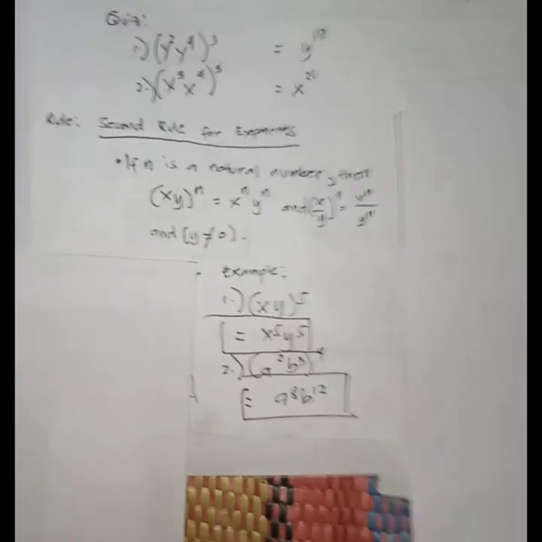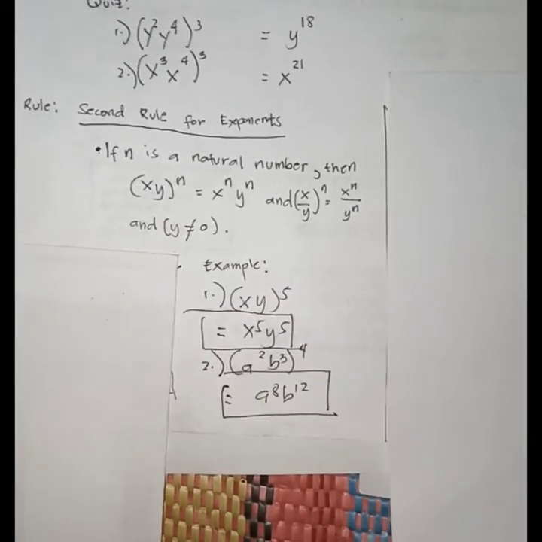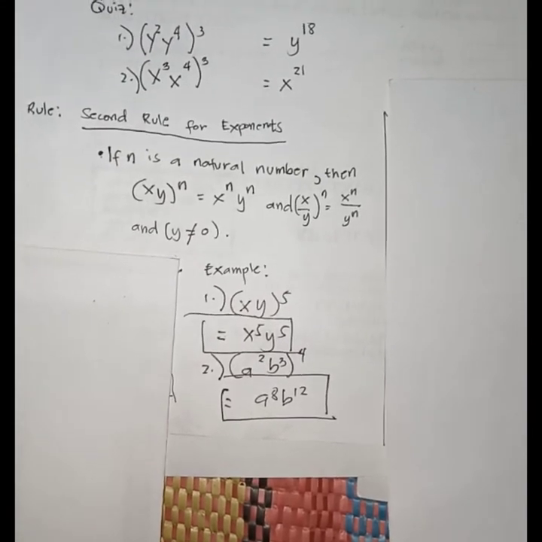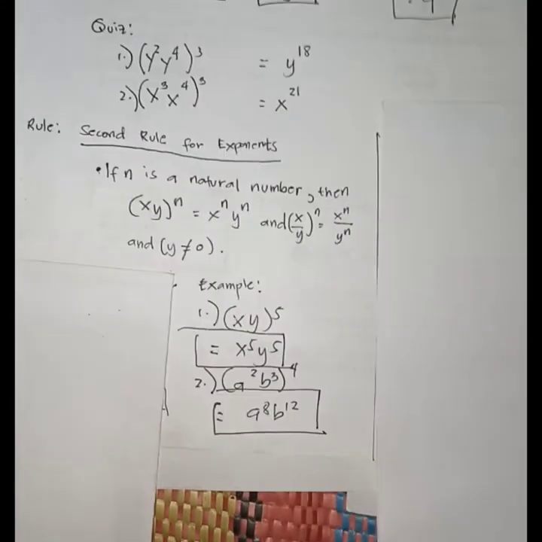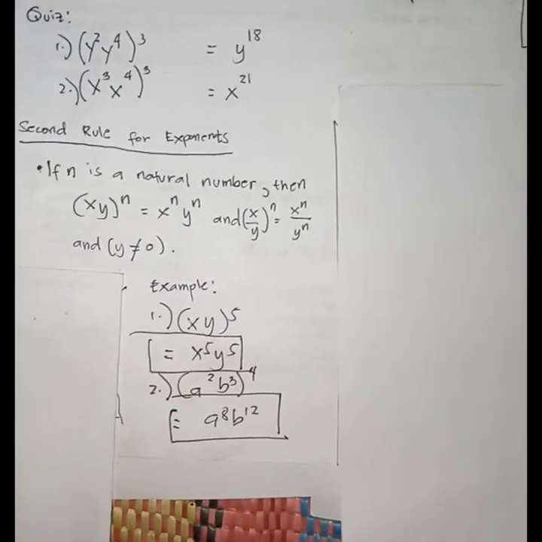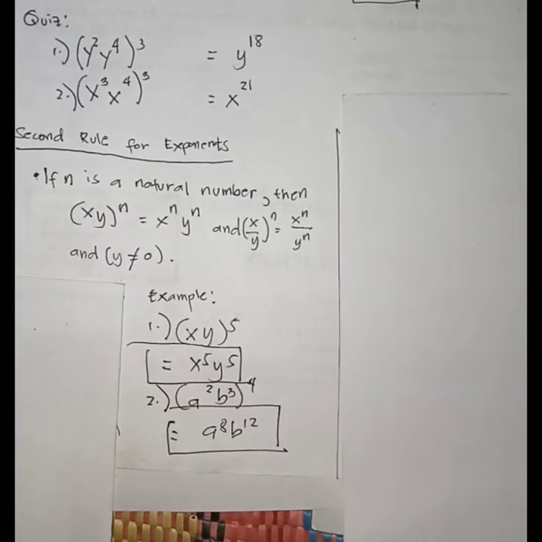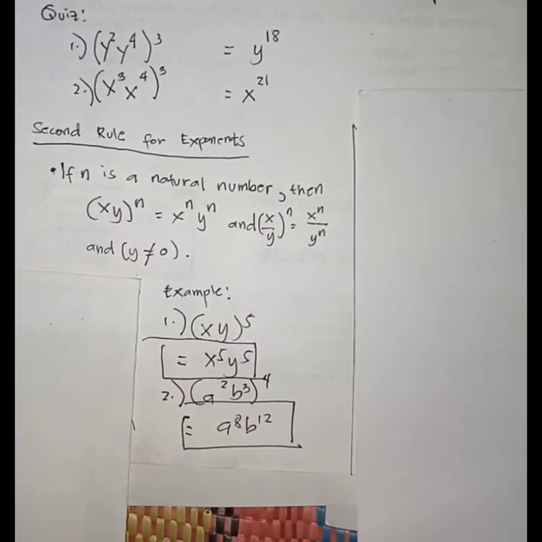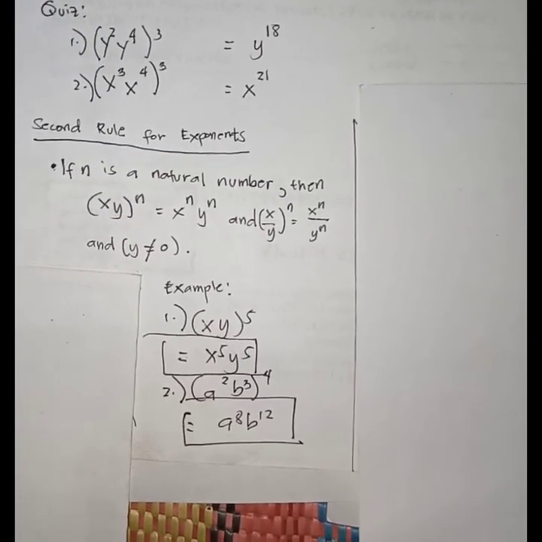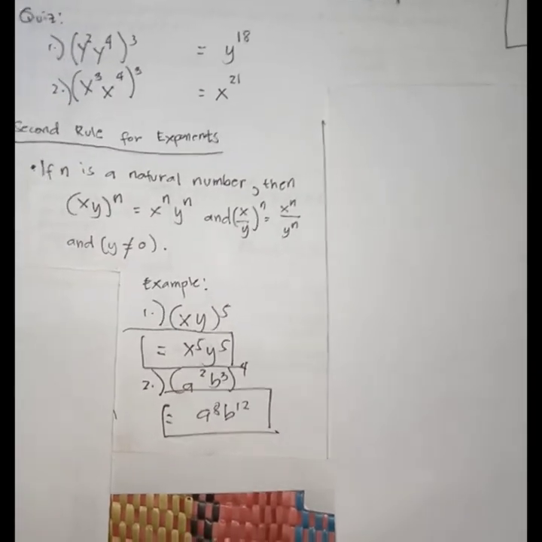For example, y and x raised to the power of 5 is equal to x raised to 5 and y raised to 5. In words, to raise a product to a power, raise each factor of the product to that power. And to raise a quotient to a power, raise both the numerator and denominator to that power. And that's why we came up with this answer.